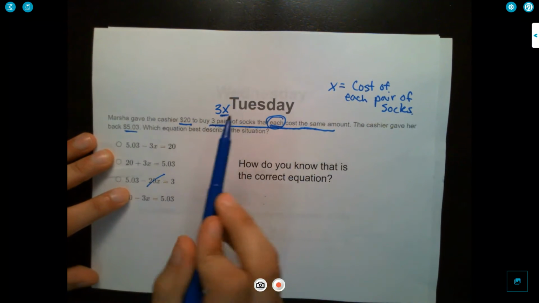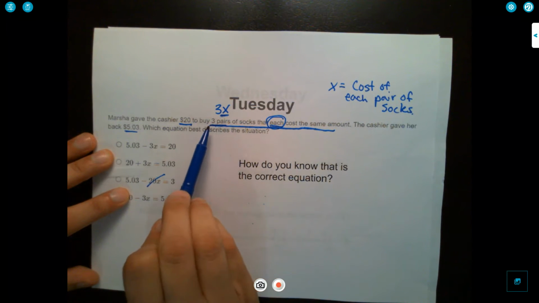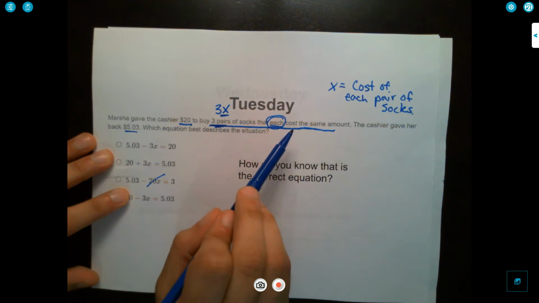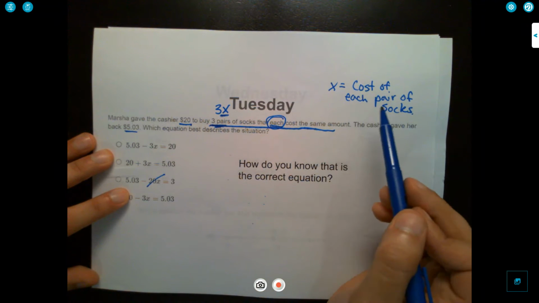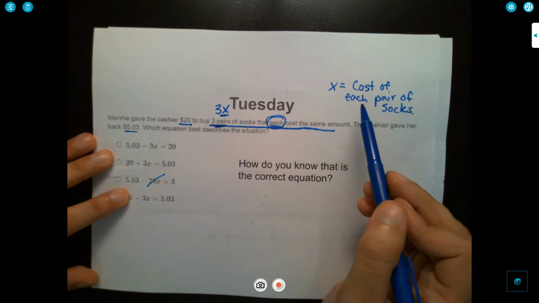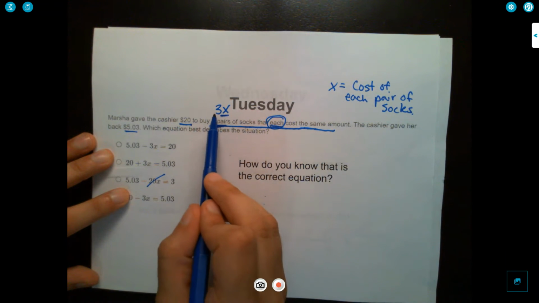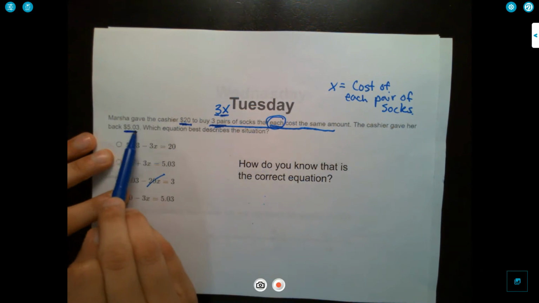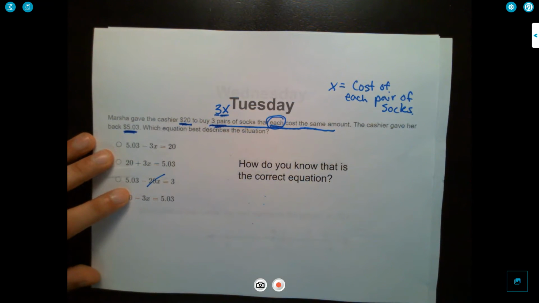So we know Marcia bought 3 pairs of socks that each cost the same, but we don't know the cost of each pair. But we can express an equation that she bought 3 of them, knowing that she gave the cashier $20 and she got back $5.03.